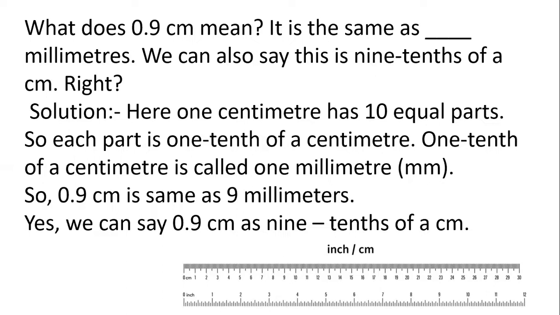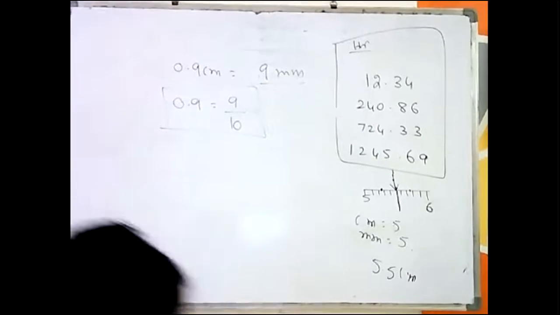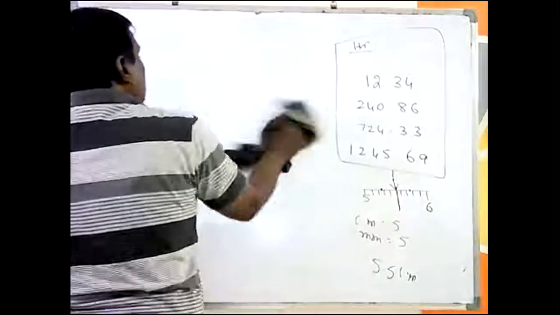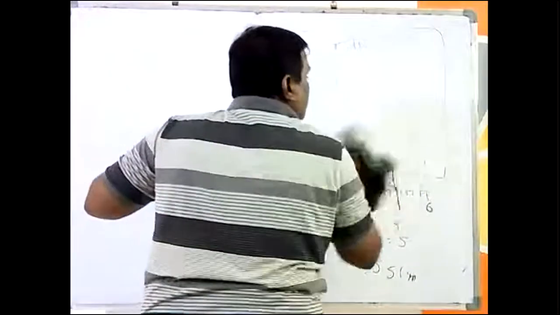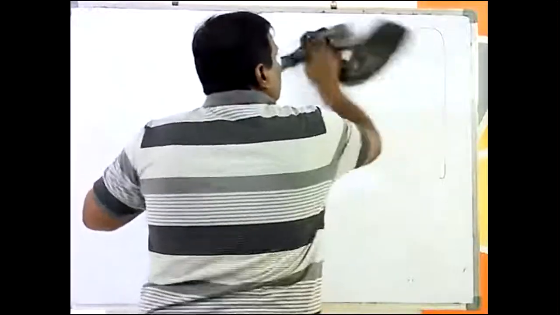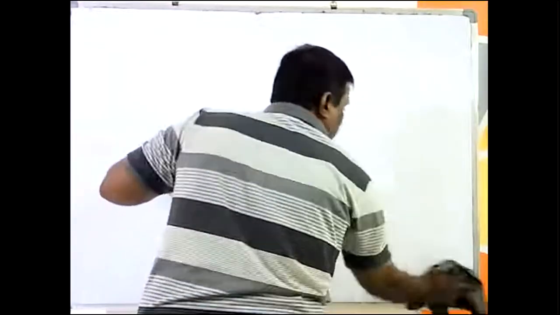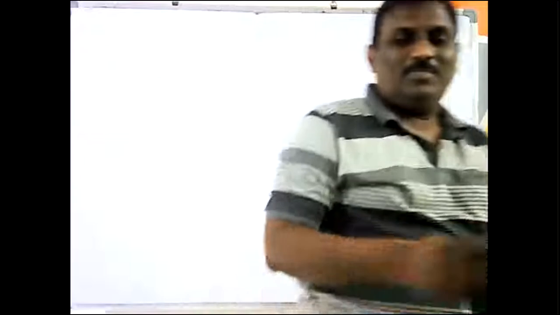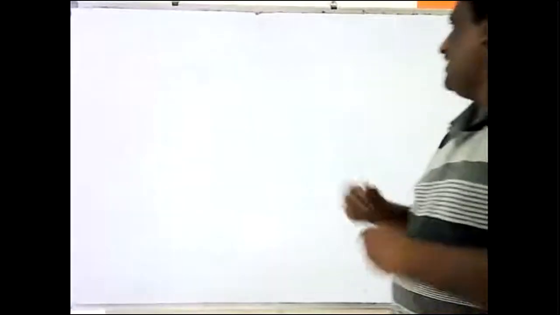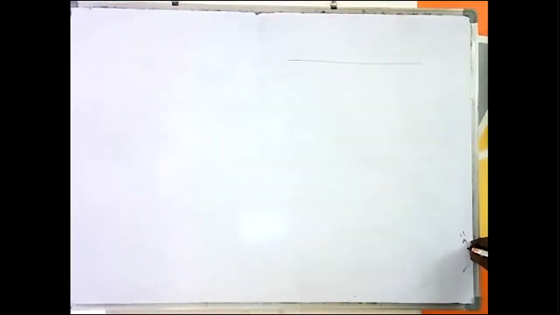Sir, at the last, can you give us a puzzle? We are going to try to do it. You are asking for a puzzle. Okay. Sir, actually it looks very hard, but it's very easy when we know the answer.